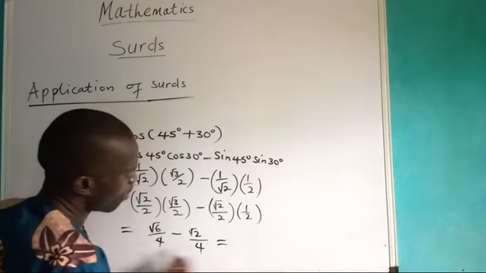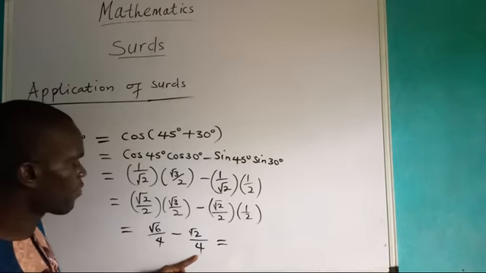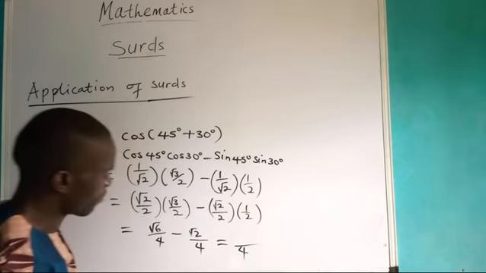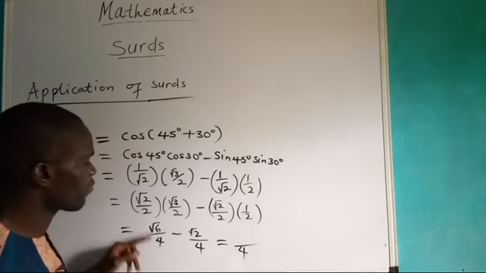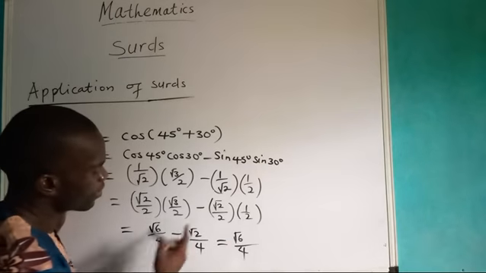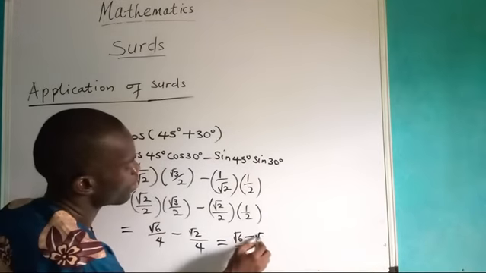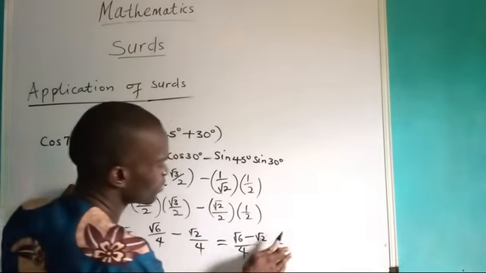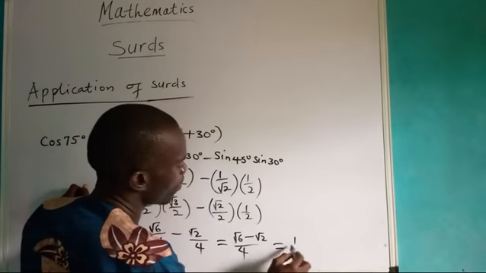Since I have 4 and another 4 at the denominator, 4 becomes the LCM. 4 into 4 is 1, times root 6 gives root 6. 4 into 4 is 1, times root 2 gives root 2.